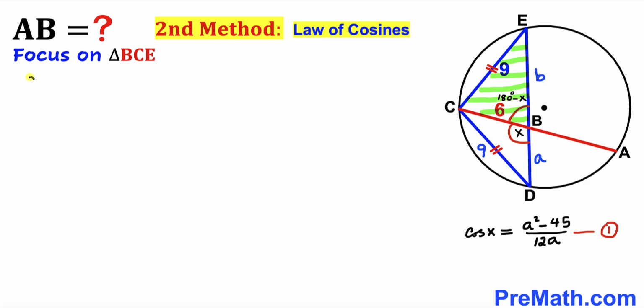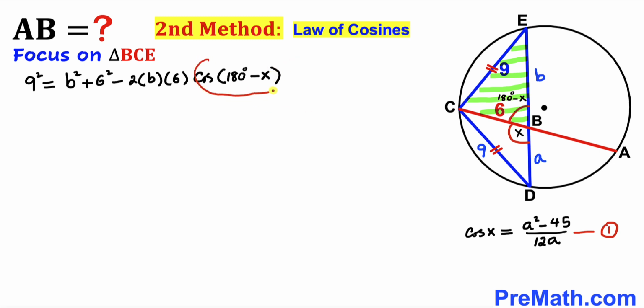So therefore, I can write 9 squared equal to b squared plus 6 squared minus 2 times b times 6 times cosine of 180 degrees minus X. And now let's focus on this cosine of 180 degrees minus X. We know that this identity is equal to minus cosine of X.